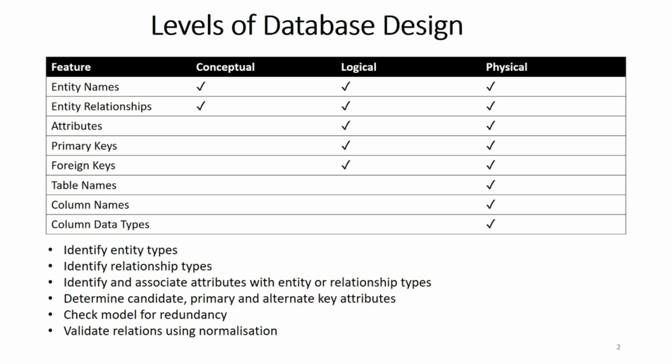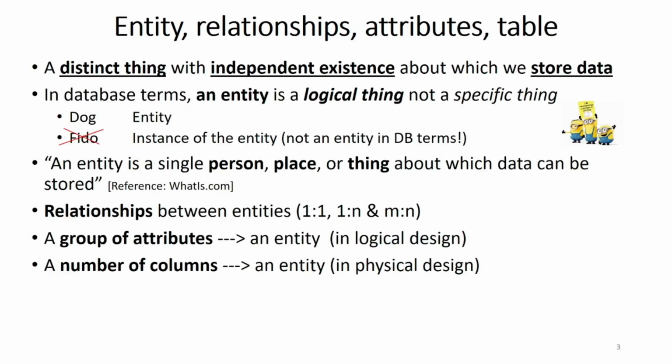After that you will go for the physical design, a data dictionary, as well as creating tables and the SQL. So these are just a quick review of what we have learned so far.